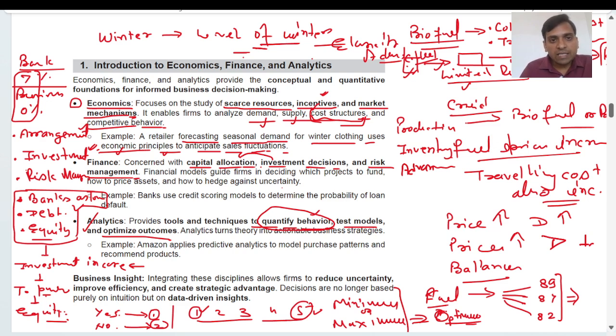So to utilize these resources in an optimum way, we need to apply multiple optimal solution methods. So these 3 points are there which are very important for these kinds of business scenario. First is economics, second is finance, and third is analytics.